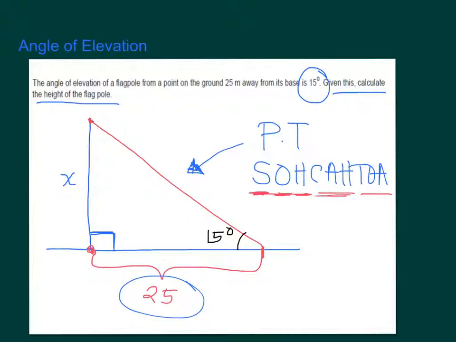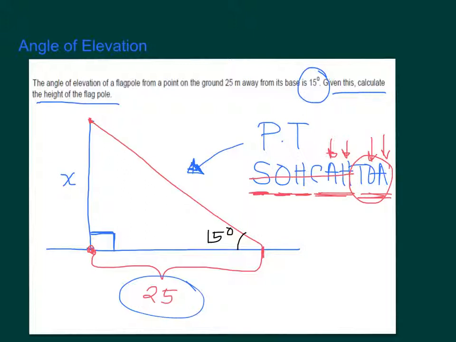I can use cosine if the adjacent side and the hypotenuse are given, and I'll be using the tangent function when the opposite side and the adjacent side are given. So obviously, the hypotenuse is not given, so sine and cosine will not be our option here. So we will solve this problem using the tangent function.